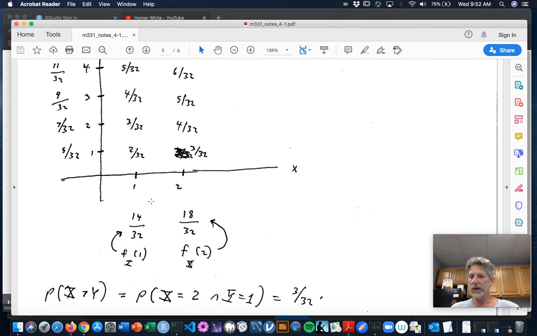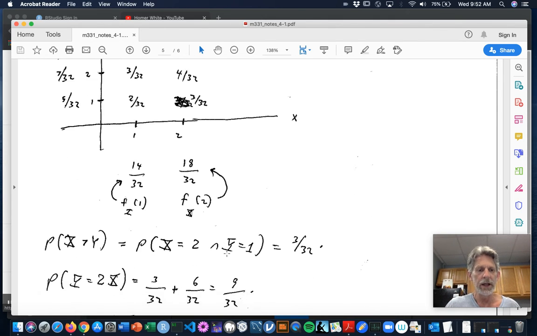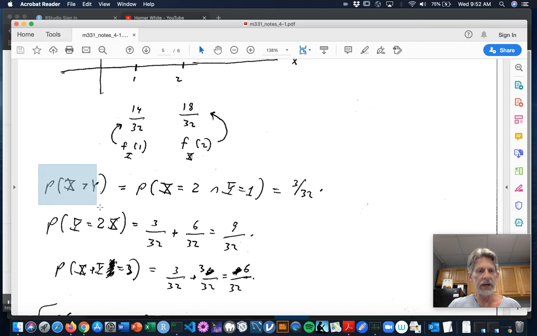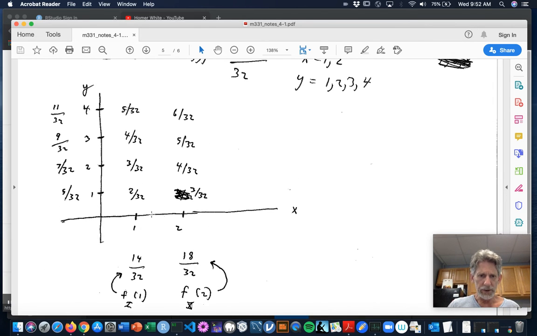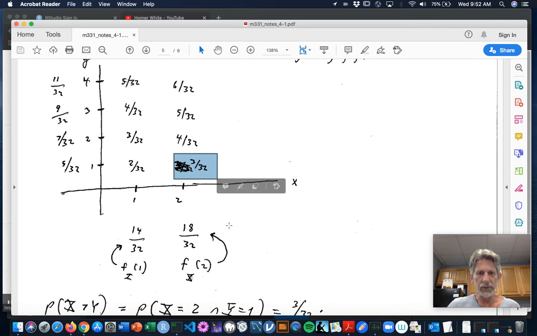Let's just play around and get some probabilities. What's the probability that x is bigger than y? Well, x can only be 1 or 2. So for x to be bigger than y, x has to be 2 and y has to be 1. That is it, and so it's just going to be 3 over 32.